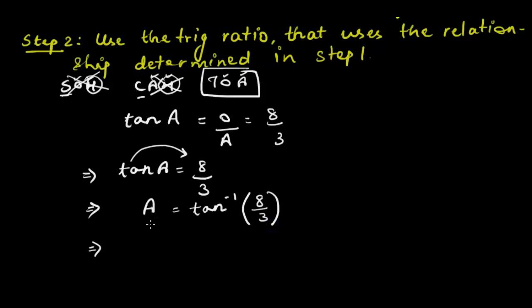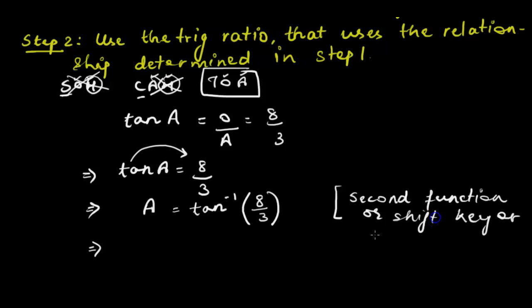In order to solve for angle A, we have to use a calculator at this point. In the calculator, we already have the keys sine, cos, and tan. However, if we want to find the inverse values, then we have to press the second function on the calculator, or some calculators have a shift button. So we first press the second function or shift key.